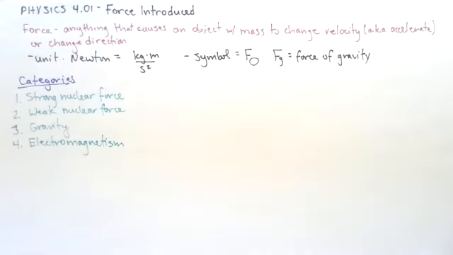You might be saying, all right, hold on. I know if I push on a box, I'm exerting a force on that box. And you don't have on your list anywhere push or pull. So what's up with that? Well, it turns out that electromagnetism has a whole subset called contact forces.